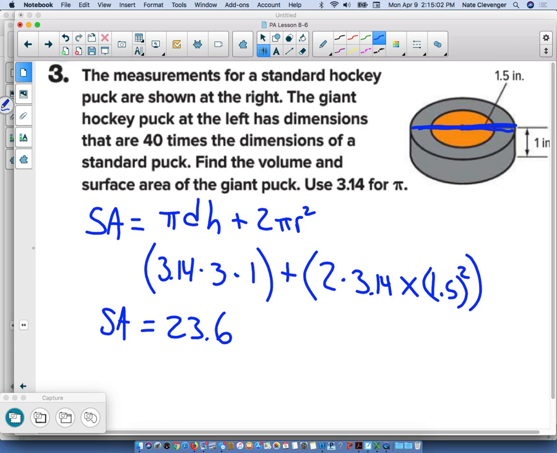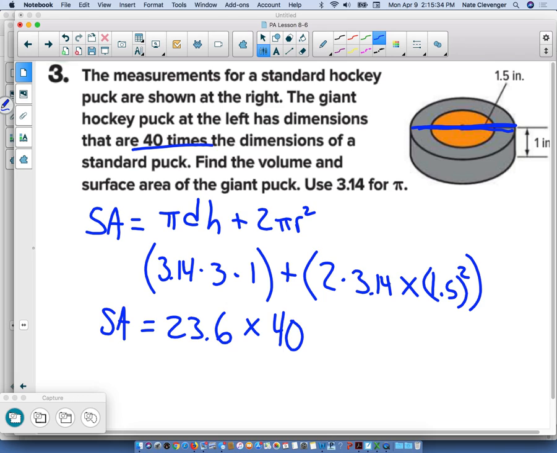Good. Now we are trying to get to the actual big one, the big puck surface area. So we're going to take this times, what's our scale factor? 40. We're dealing with the area, so we're going to multiply it by the 40.